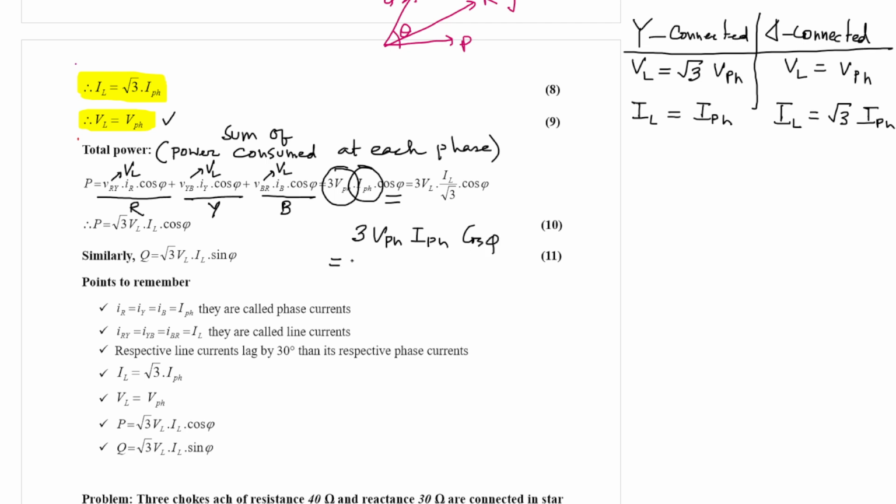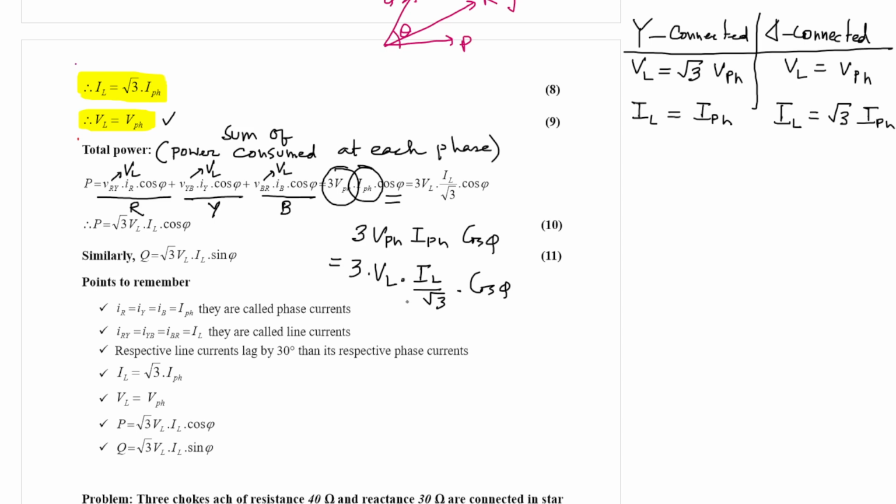Now 3 V phase I phase cos phi. So that becomes 3 into, for the delta connected network, V phase becomes V line, and phase current becomes line current by root 3, into cos phi.